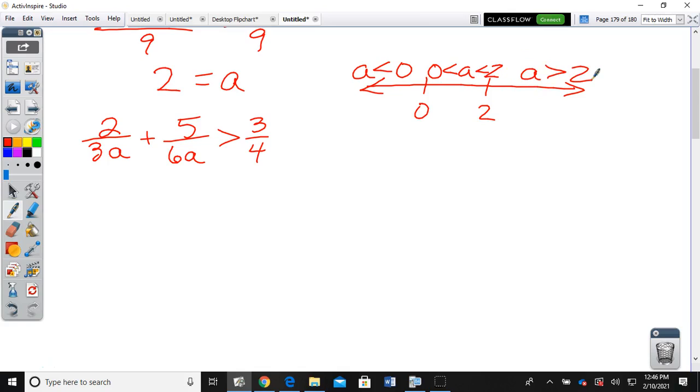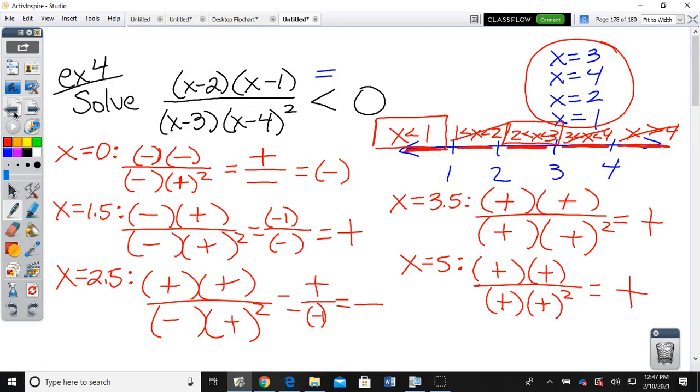Okay? So how do you know when to do those numbers? Like, what numbers? Every time these numbers are a combination of your solutions and what your variable can't be. So like on the first one we did, they couldn't be 3 and 4 because 3 and 4 would give you 0 on the bottom.